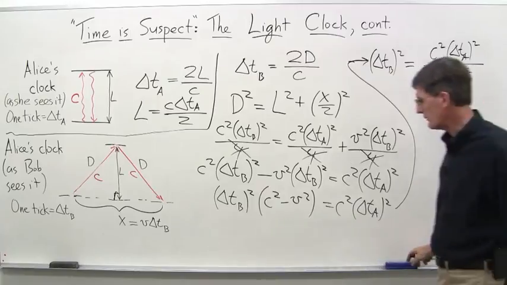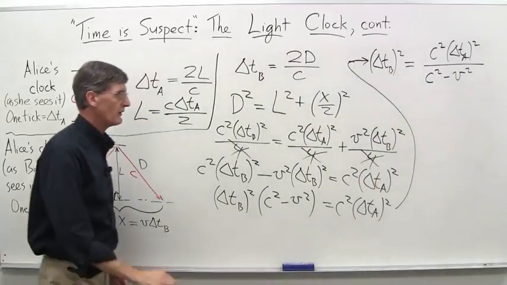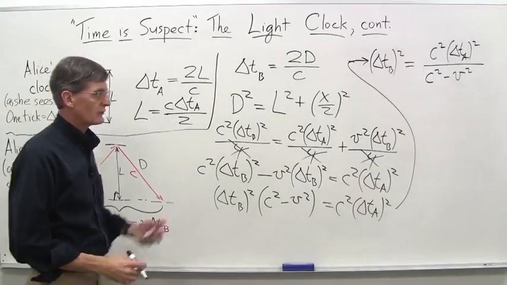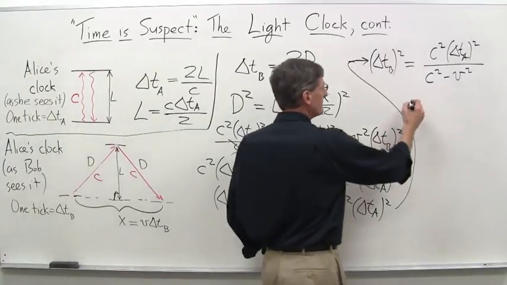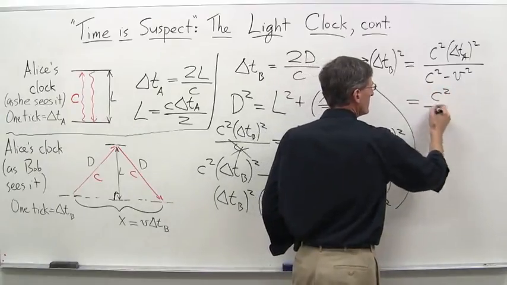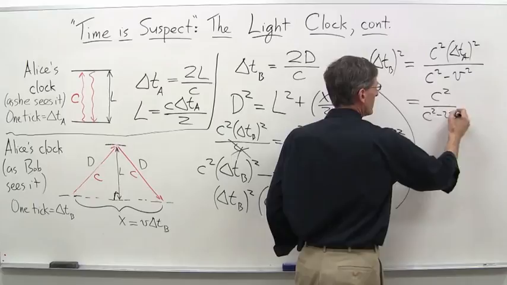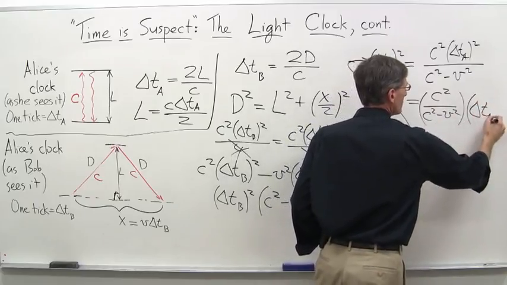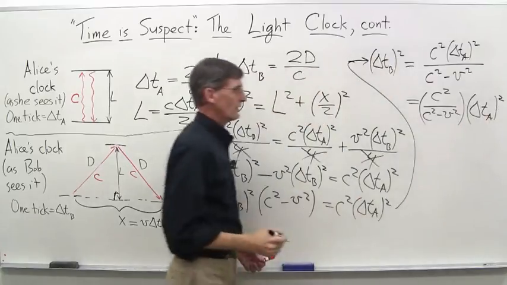But we have a little bit more to do here. We've got some squares in there that we'd like to get rid of. And so I'm going to rewrite this just slightly, the right-hand side, as c squared over c squared minus v squared times delta ta squared.